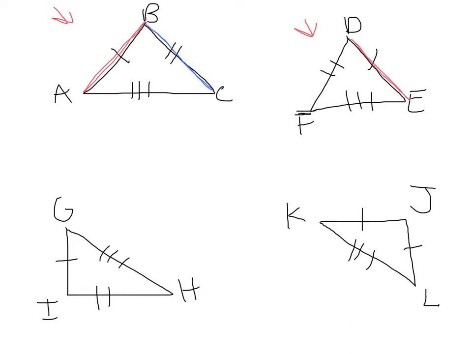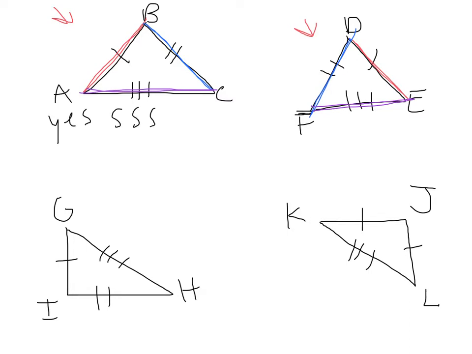Here's two dashes and here's two dashes, so those two are congruent. And here's three dashes and here's three dashes, so those two are congruent. So yes, those two triangles are congruent. I would say yes, and I also would write side, side, side.